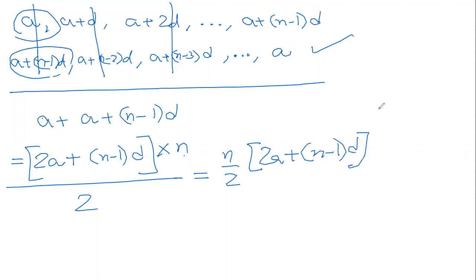This is the first formula. Check and confirm if this is the first formula or not. So just now we found out the first formula as Sn equals n by 2, 2a plus n minus 1 d.